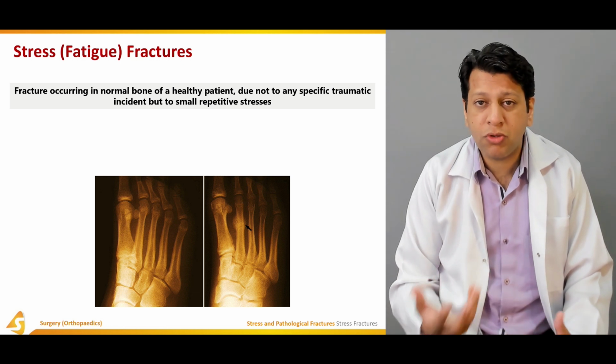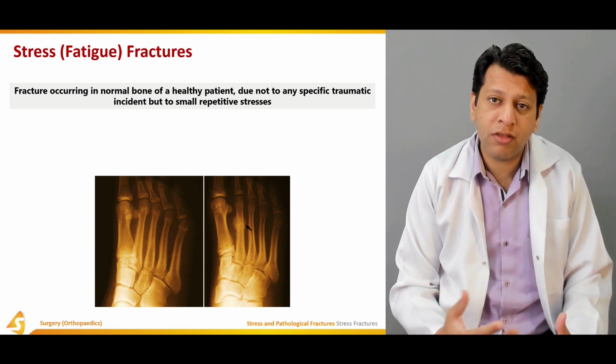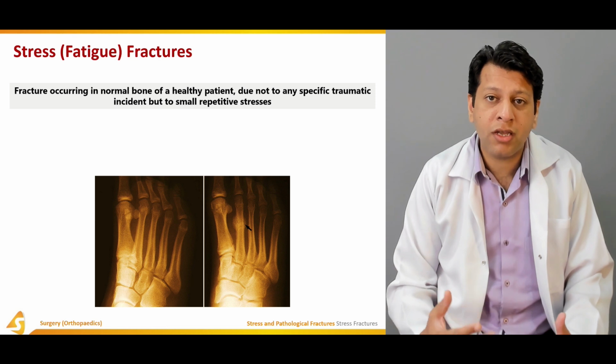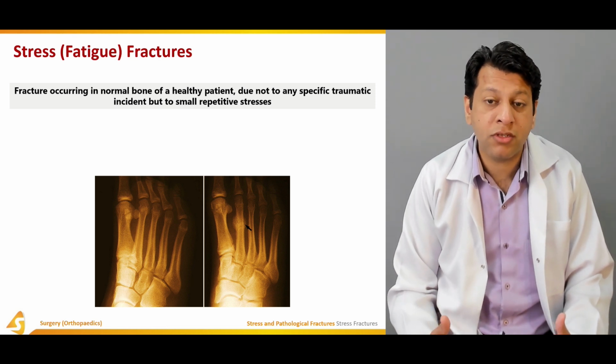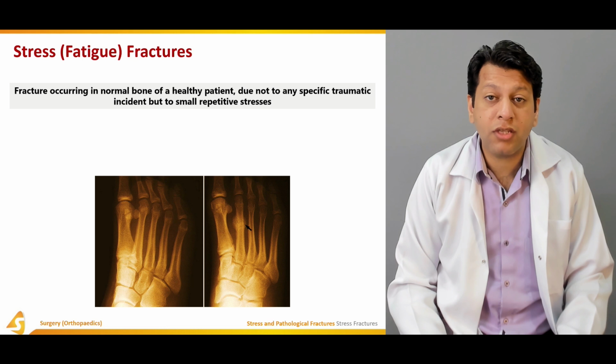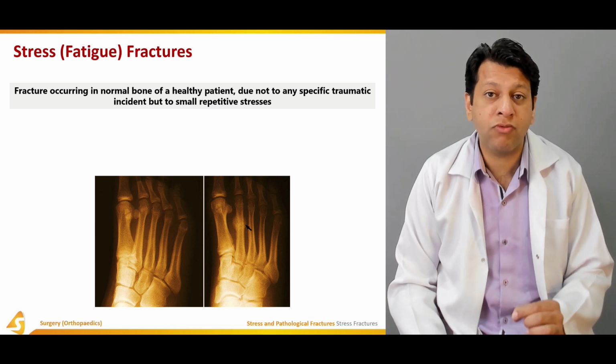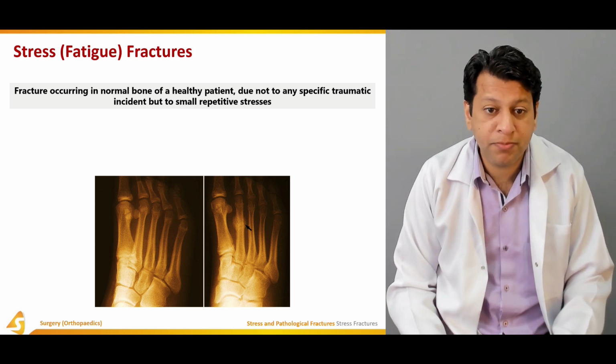Sometimes the X-ray may be totally normal, but eventually an MRI and bone scans may show some differences. So stress fracture is actually due to micro trauma without any incident of trauma.